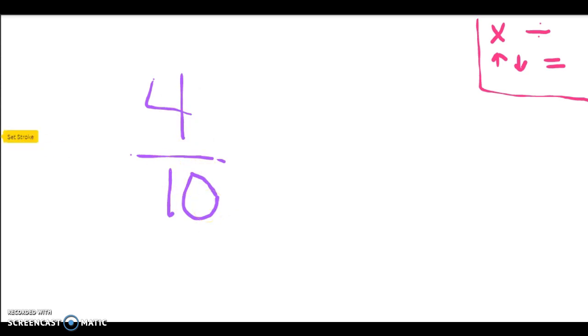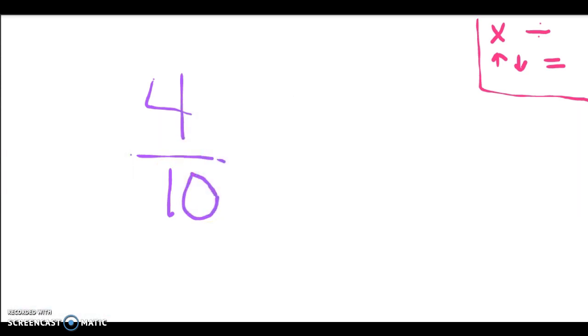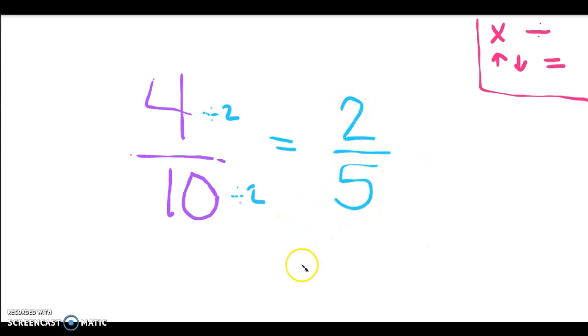So I could actually reduce this fraction or make it simpler, make the numbers smaller, if I divide the top and the bottom by 2. Okay, so 4 divided by 2 equals 2. 10 divided by 2 is 5. So 2/5 is an equivalent fraction to 4/10.